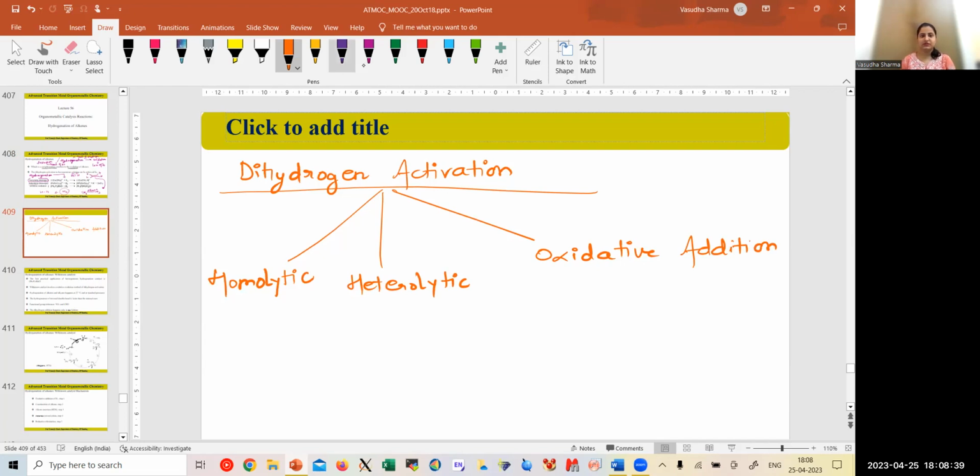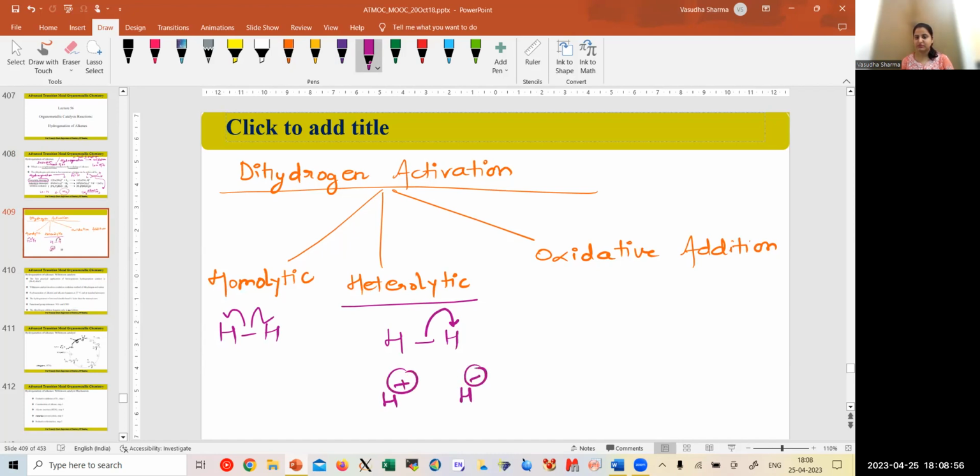If we have H and H in the homolytic case, both will have equal electrons and contribute the same way, giving H dot and H dot, a radical thing. Whereas in heterolytic, one will take up the electrons and the other will become positive, so there would be a cation and anion.